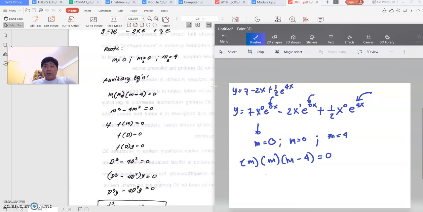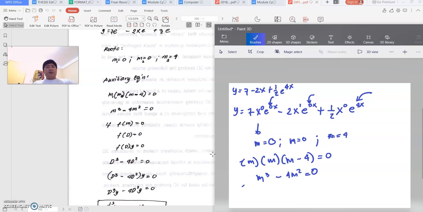As we said, before we get the roots, these are the steps. So, from there, you just distribute. m times m squared times this, you have m cubed. Minus m times m squared times 4, 4m squared equals 0. So, this is its auxiliary equation.